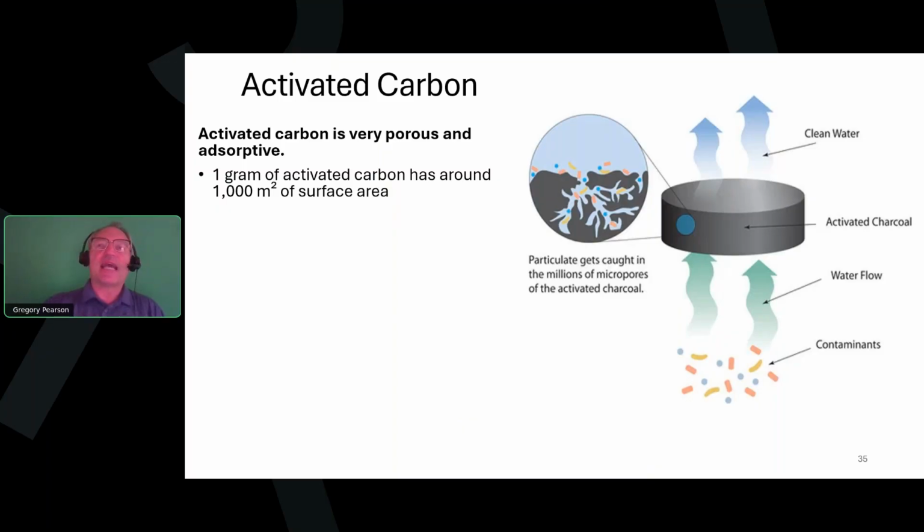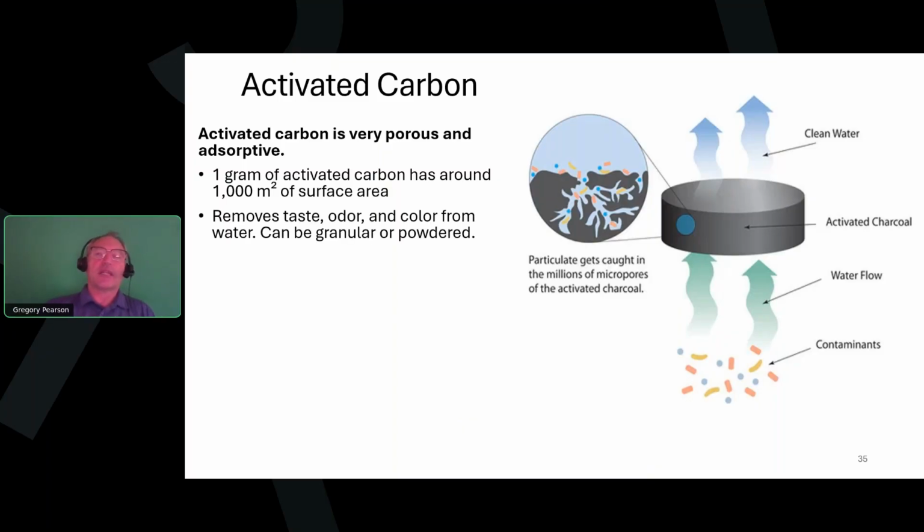This can be a bed that's added to remove things like taste and odor and color in surface water. It can be in a granular form, where you would pass it through a filter, or it can be in a powdered form where you actually add it as a chemical, like adding it as a slurry to the water flow.